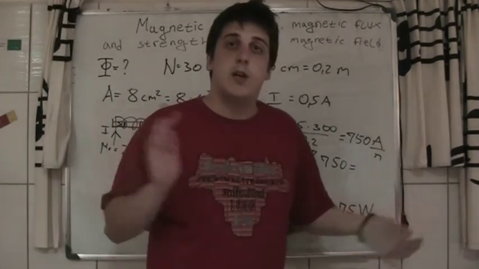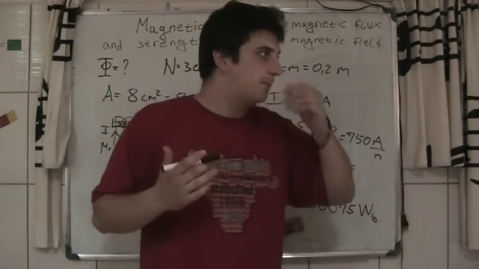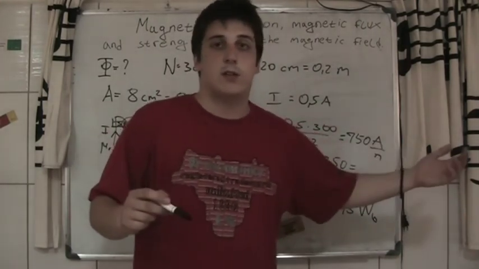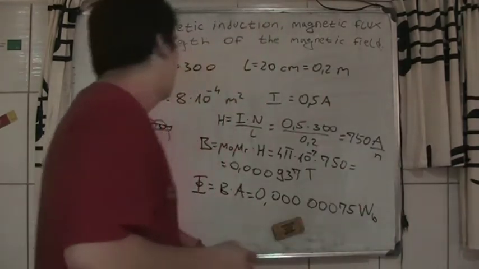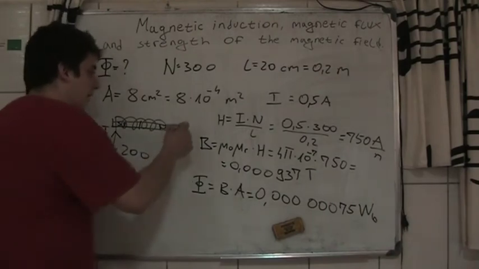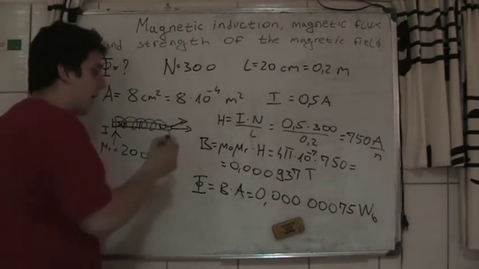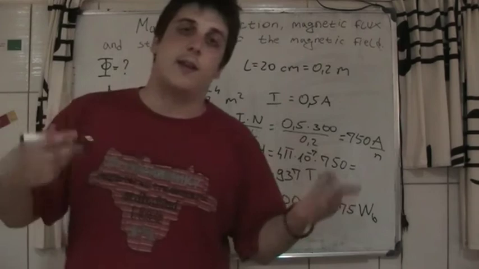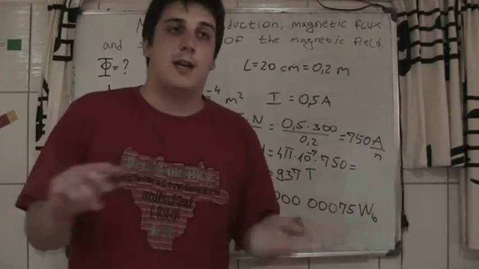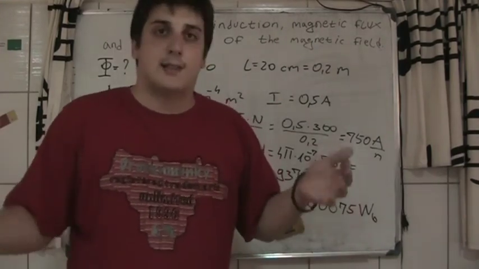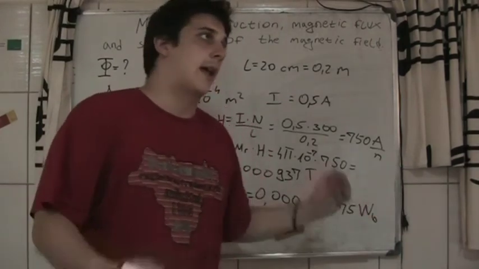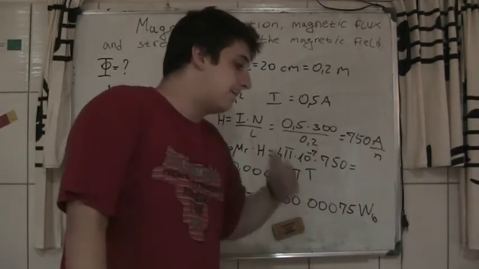You can add a lot of current, but the material can only have a certain amount of magnetic induction. So there is a maximum point at which any electromagnet, or any ferromagnetic material, can act as a magnet.